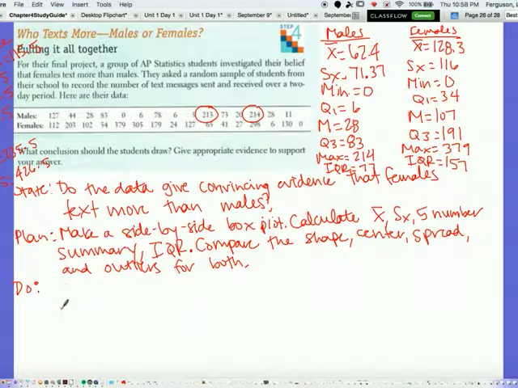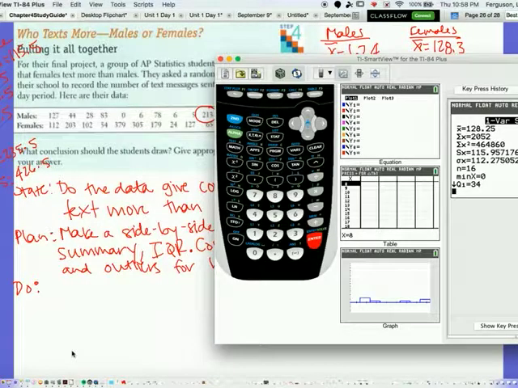So the way I could do that is I could go to my calculator. And I've already plugged everything in for L1 and L2.